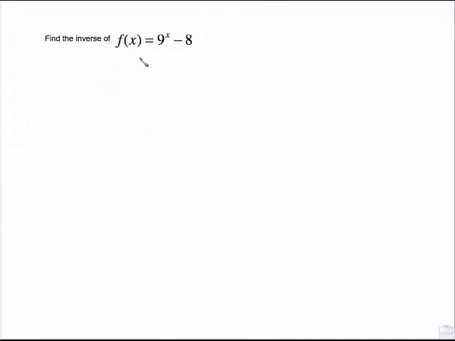Now it asks us to actually find the inverse of an exponential function. To find the inverse of any function, the first thing is substitute y in here for f of x, switch x and y, so this becomes x equals 9 to the y minus 8. We want to solve for y, so add 8 to both sides.